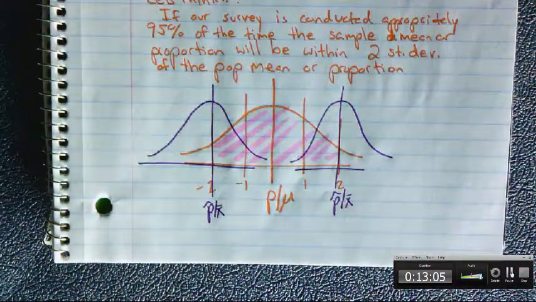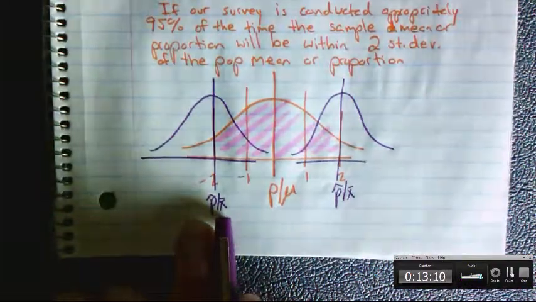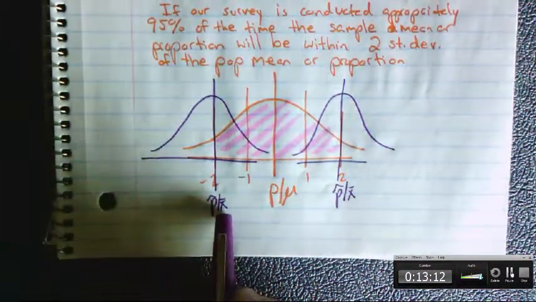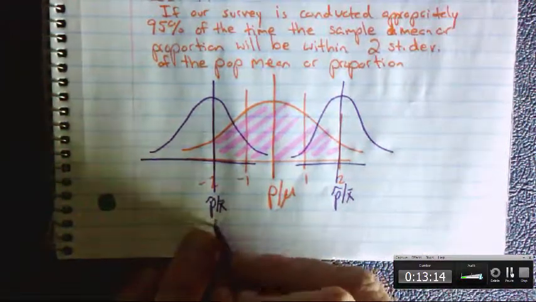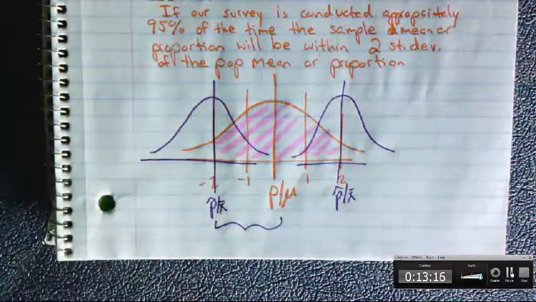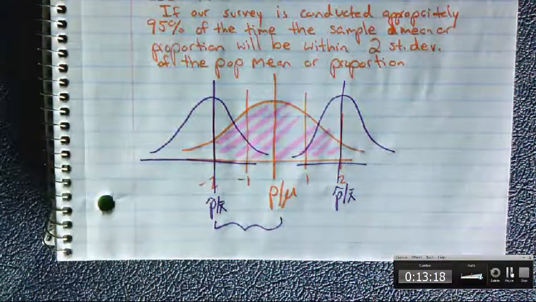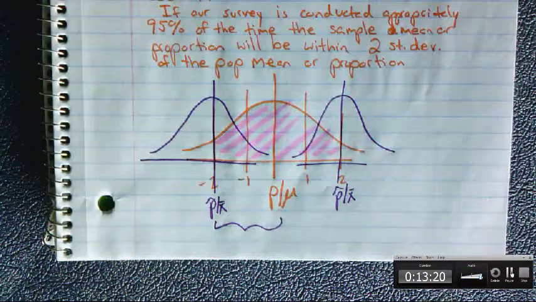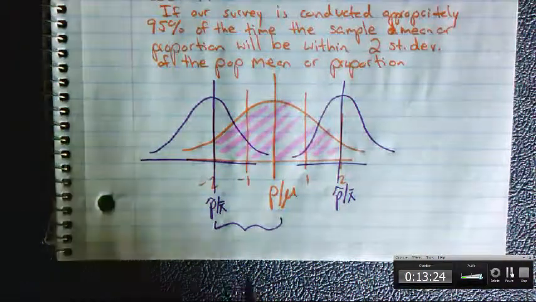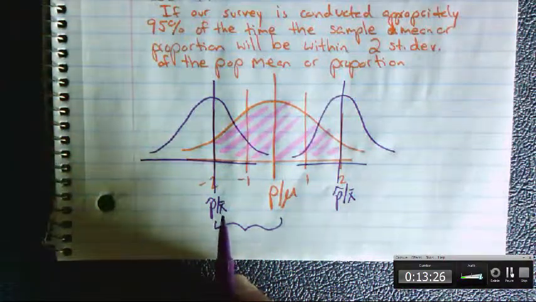Now, with that said, if we are at the most extreme sample on the bottom end of things, how far is the population away from it? Listen to what I'm saying. We're talking about looking at the sample.